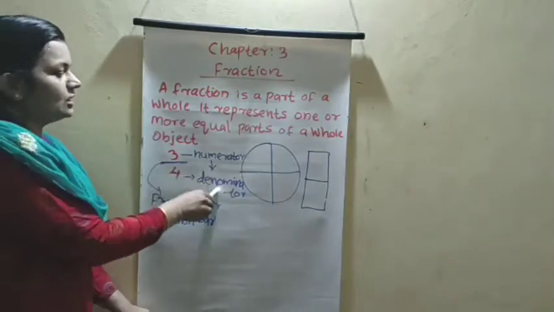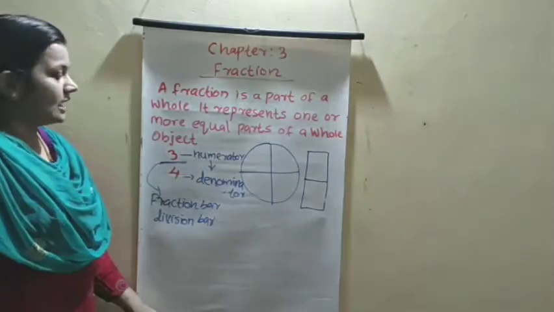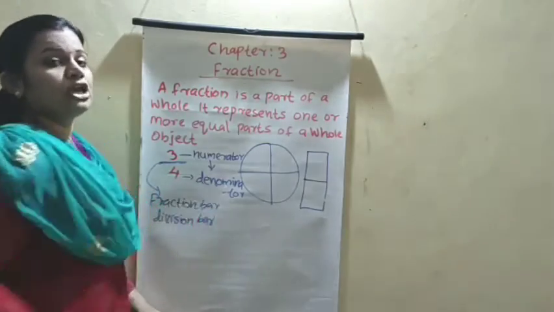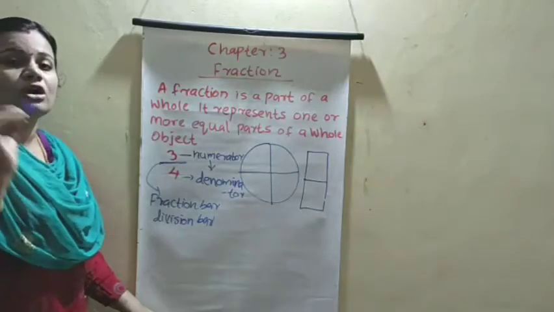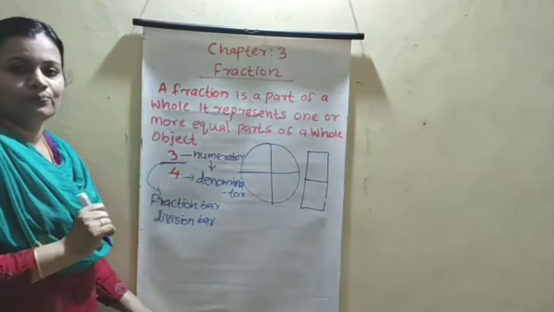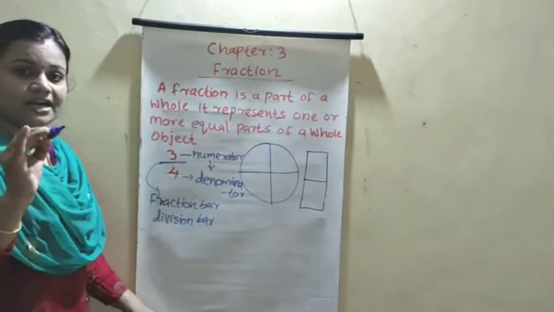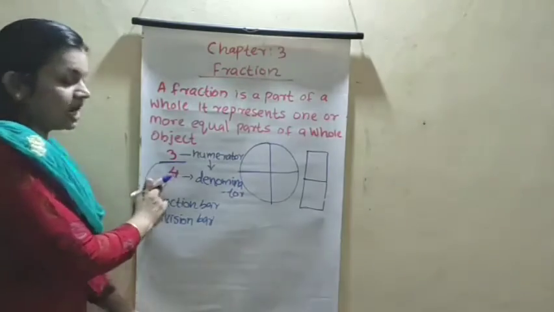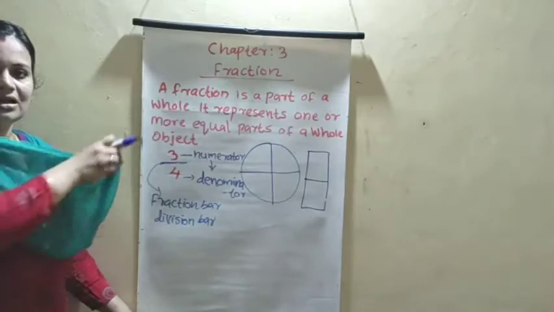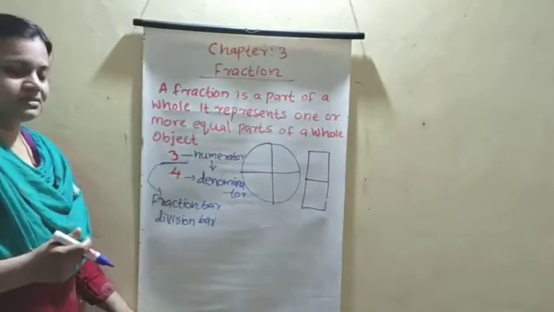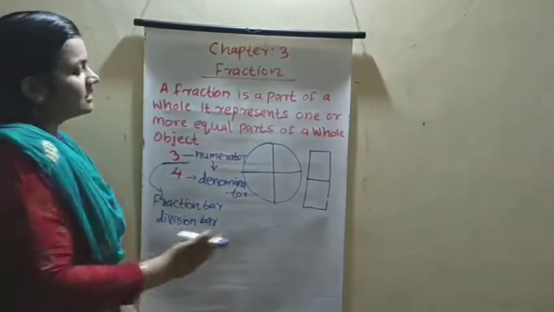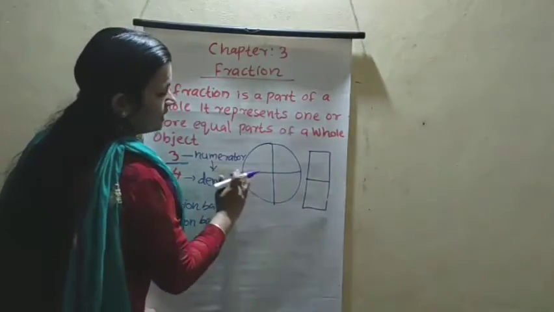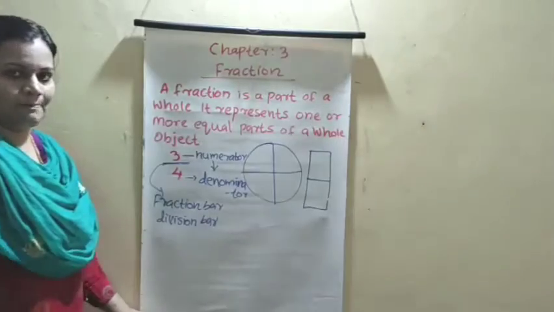Understand? Numerator, denominator. Okay. The denominator indicates the number of equal parts the whole is divided into. The whole is divided into how many parts? The total parts is called the denominator. Now let us take examples so that you understand more. Once one whole is drawn here, this circle is divided into 4 equal parts.